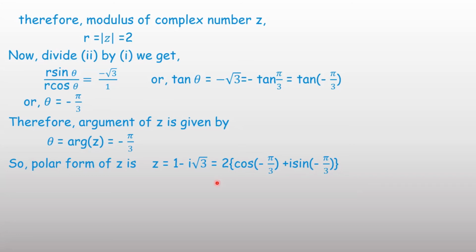Or further simplify: cos minus theta equals cos theta, so cos pi by 3, and sin minus theta equals minus sin theta, so minus i sin pi by 3. Means the polar form of the complex number is 2 into cos pi by 3 minus i sin pi by 3.